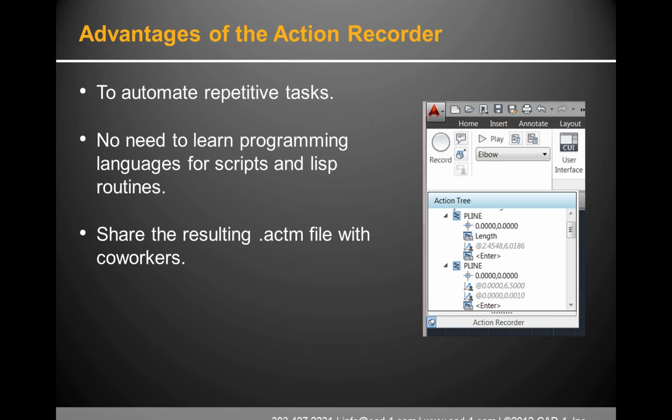Maybe you need to open a drawing or a series of drawings and edit the title block. You want to go in and change some object properties in there, add a piece of text or something like that, and it might be unique to each of those different files. So the Action Recorder helps us to automate that process, or at least basically line up the steps in an order that we can repeat over and over.